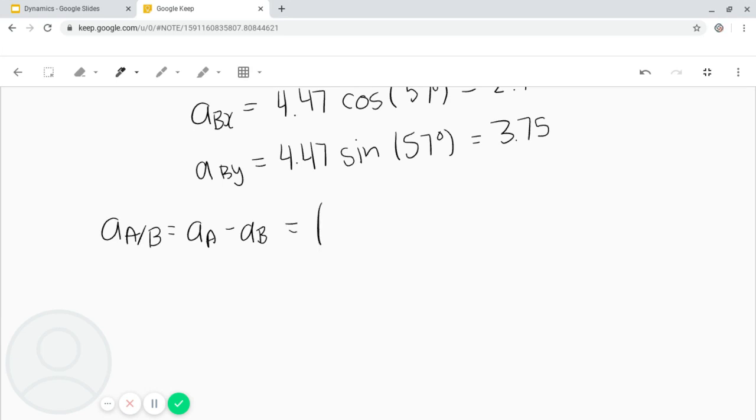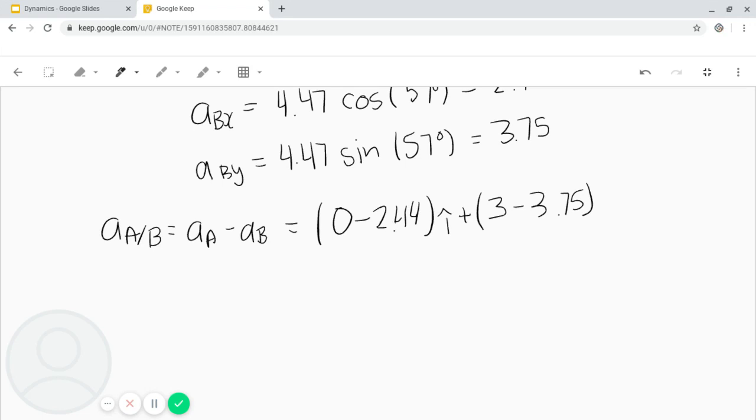So we have the x component of A, which is 0, minus the x component of B, which is 2.44, i, plus the y component of A, which is 3, minus the y component of B, 3.75.